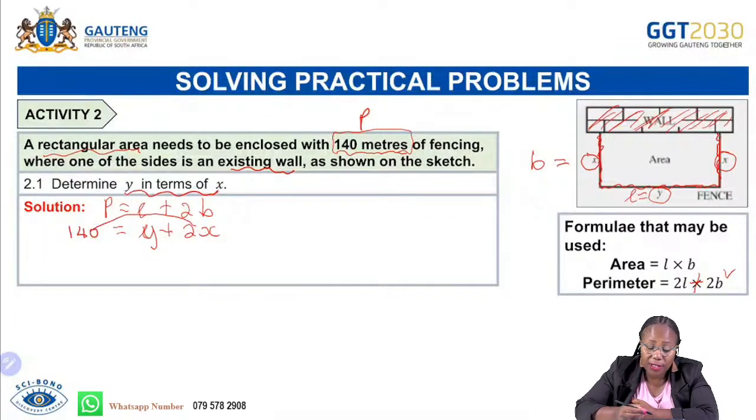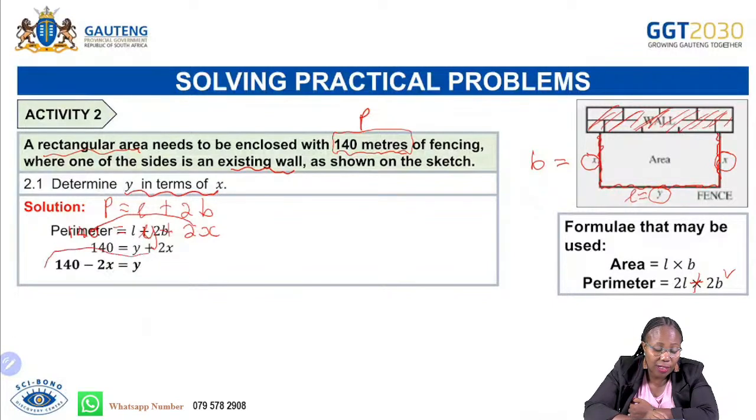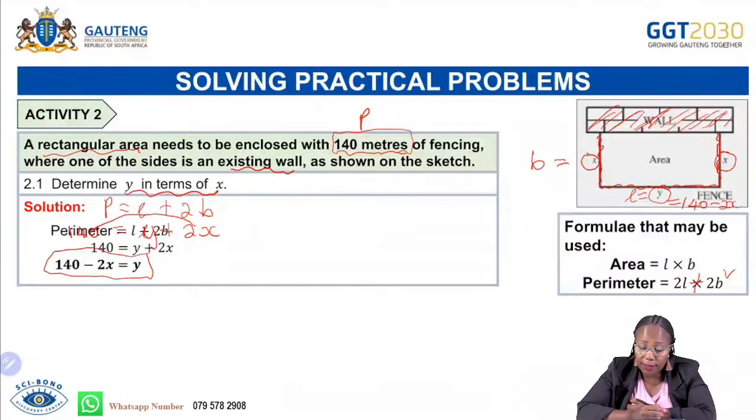So basically, we will be having our perimeter equal to L plus 2B, and this is 140 for the perimeter substituted to y plus 2x. And then we transpose 2x to the left-hand side. That will be 140 minus 2x equal to y there. So that is the y side. So our y is equal to 140 minus 2x in terms of x.